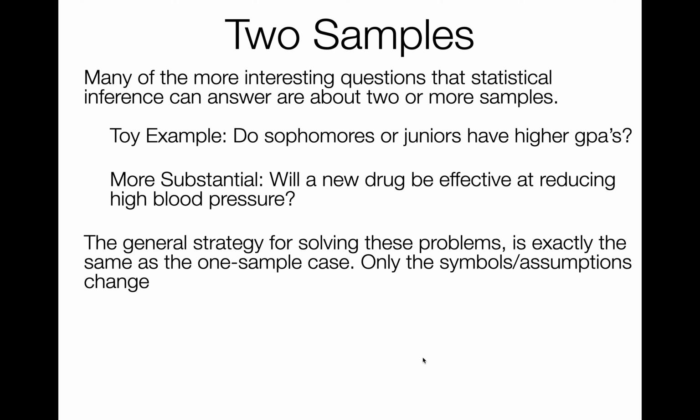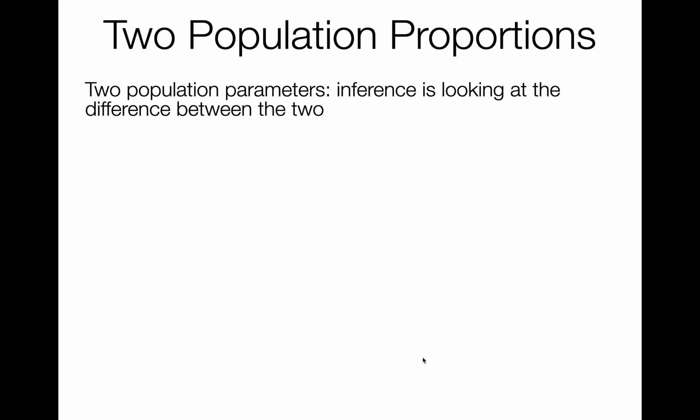You might not be able to see that at first, but hopefully by the end of the course, you'll get a feel of what changes and what doesn't change, and the sort of jingle that everything goes by. So let's first start off with two population proportions. We can do inference for two population proportions, and when we do that, we're looking at the difference between the two. This is going to be true for two-sample means as well.